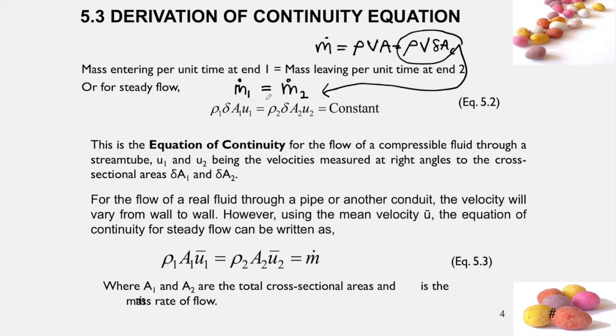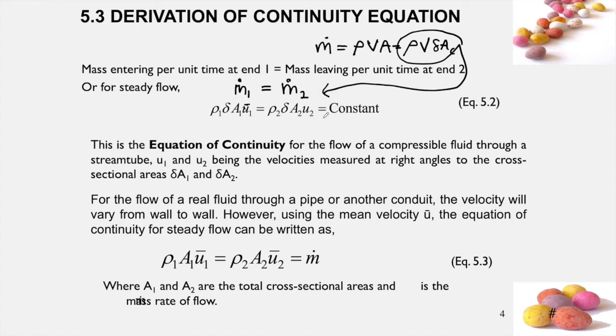For the mass flow rate at 1, we change the subscripts, so it becomes rho 1 delta A1 U1, where U here is the average velocity. For the mass flow rate at 2, we have rho 2 delta A2 U2.